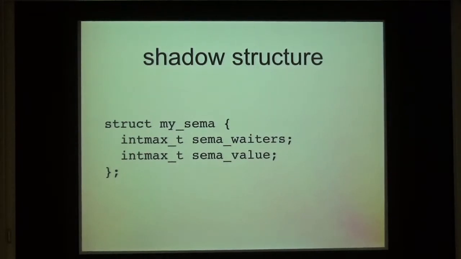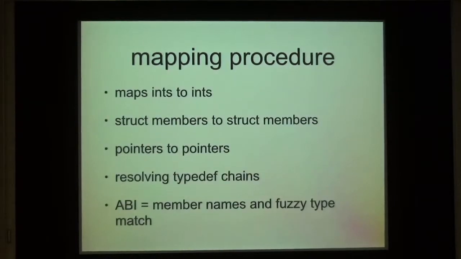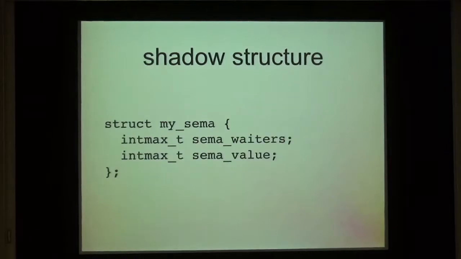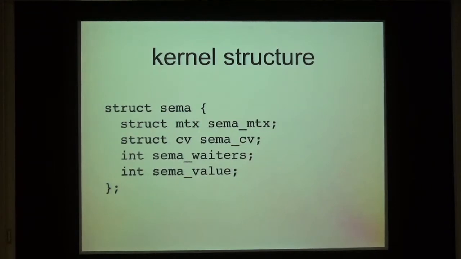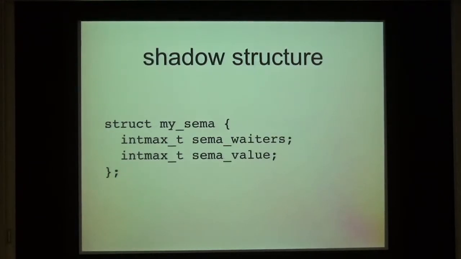At this point we want to run the mapping procedure, which will do a very important thing. It's sort of like an API in a way, so that we create a contract that the members that have the same names will get mapped to each other. So the semaphore waiters and the semaphore value will get mapped here, so those will be filled in.